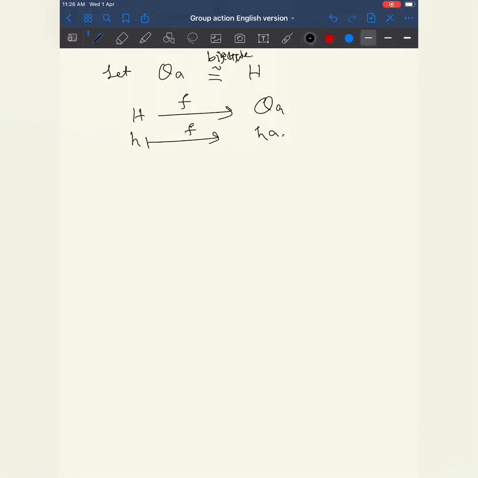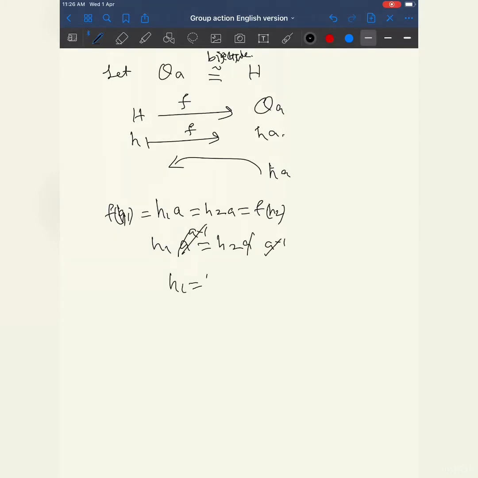Well-definedness is okay, you can check. I want to check one-to-one. Onto is fairly clear, because every element is ha, and you take the same h. Surjectivity is clear. Injectivity: let's check. h1a equals h2a, that is f(h1) equals f(h2). Multiplying both sides by a inverse, we get h1 equals h2.